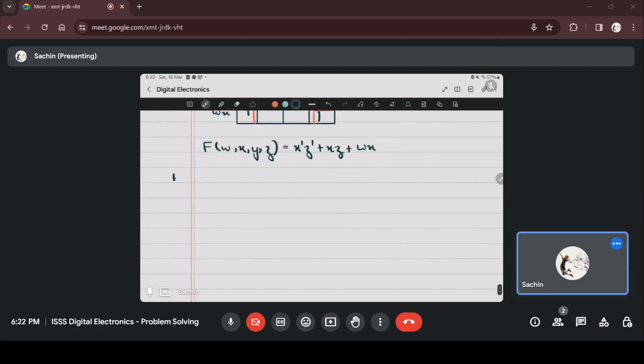Part B, f of abcd is summation 0, 2, 3, 5, 7, 8, 10, 11, 14, 15.